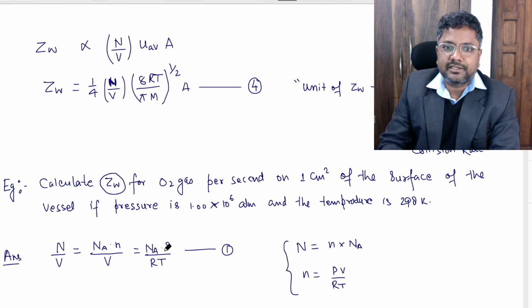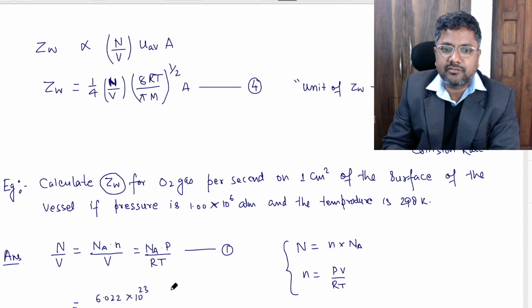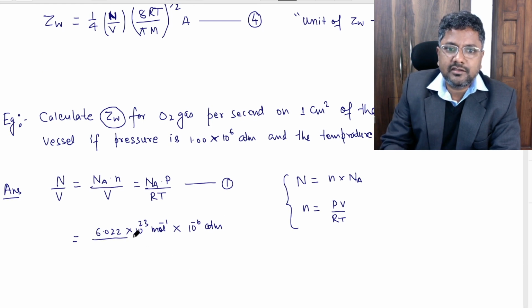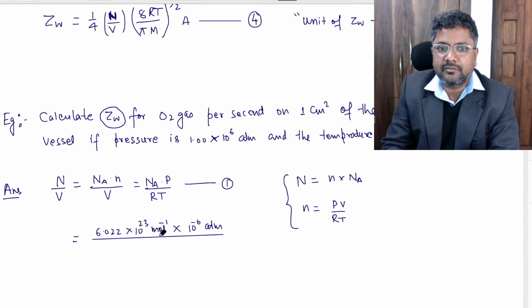On the basis of this information, because pressure is given, we can evaluate N by V. N by V is equal to Avogadro's number, 6.022 into 10 to the power 23 per mole, times the pressure, 10 to the power minus 6 atm, divided by R. You should take the value of R in which the unit comes in atm, so 0.0821 liter atm per mole per Kelvin, multiplied by the temperature, 298 Kelvin.